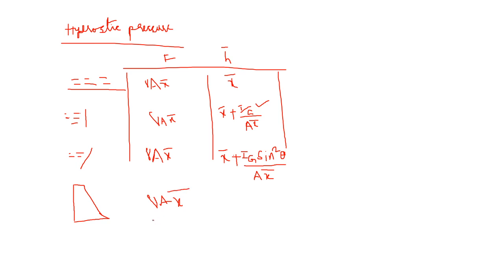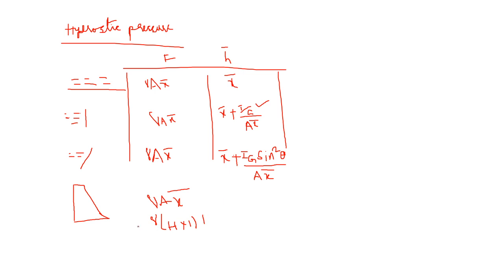Gamma is nothing but the specific weight, into area, height into breadth. The breadth is 1 meter, I am taking 1 meter. X bar is h by 2.